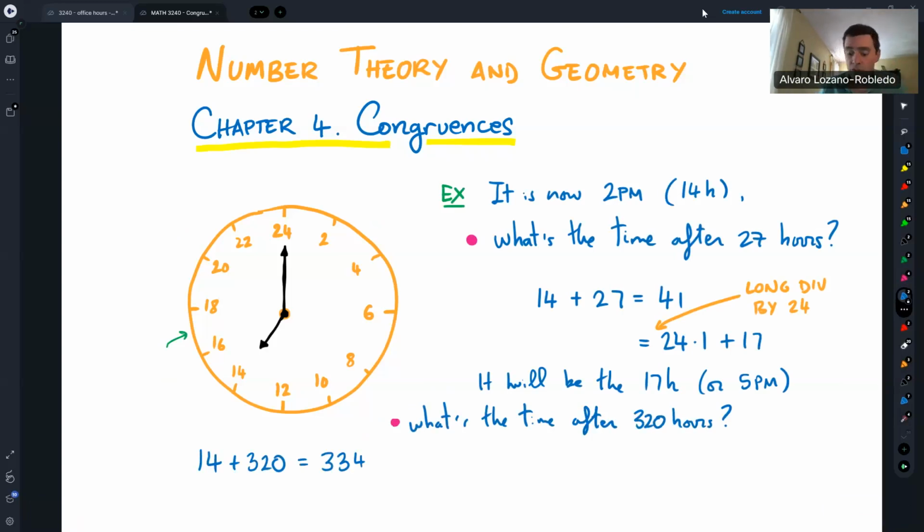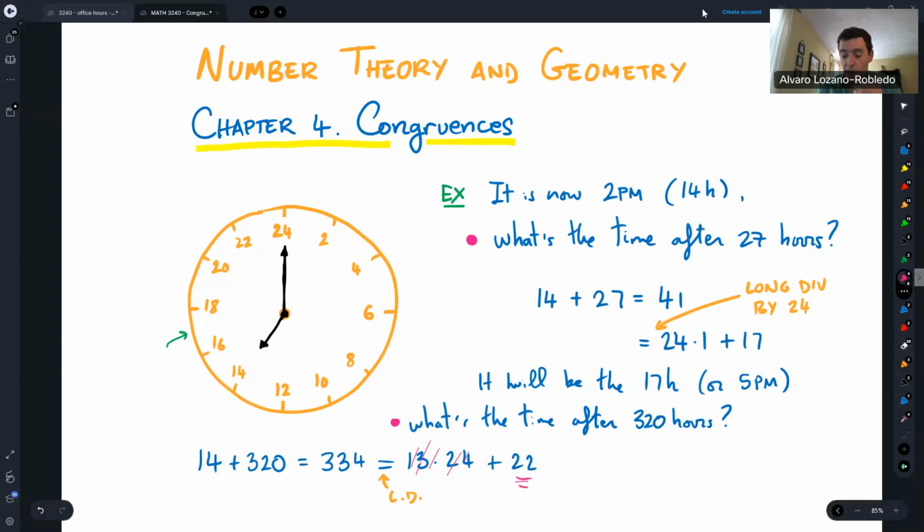And then I just care about the time within my clock. So I do long division. And when I do long division here, I've done it before. This is 13 times 24 plus 22. And the question is not asking me how many days have gone by. It's only what time of the day it is. So this part is sort of superfluous. I don't care so much about this part of the equation.